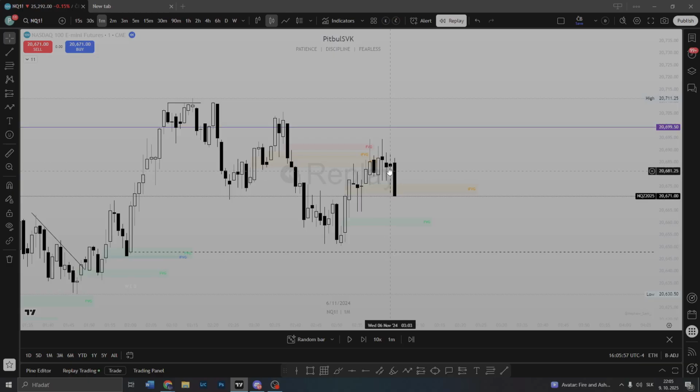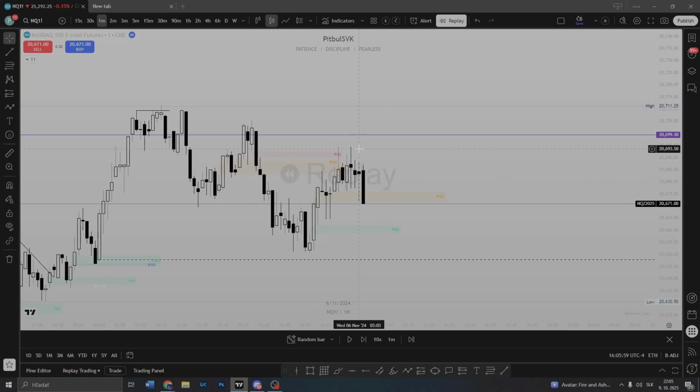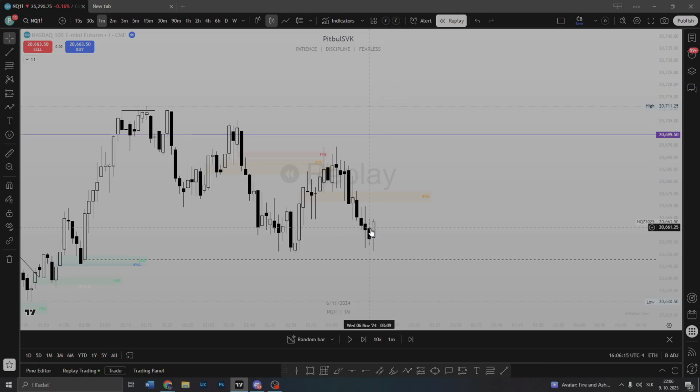Ugly candles. Finally something. So now I would like to see us going lower. There is no speed. Internal sweep. Strong candle.